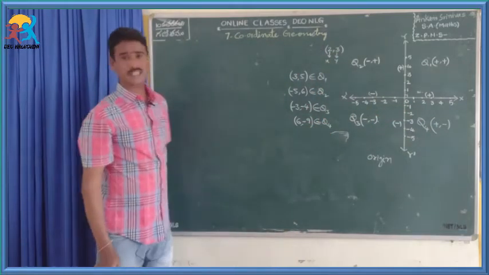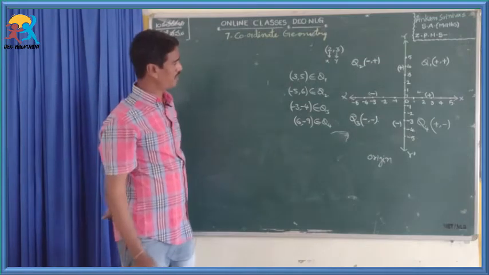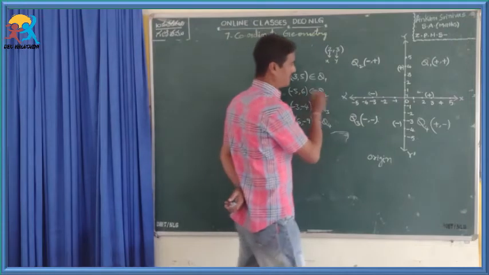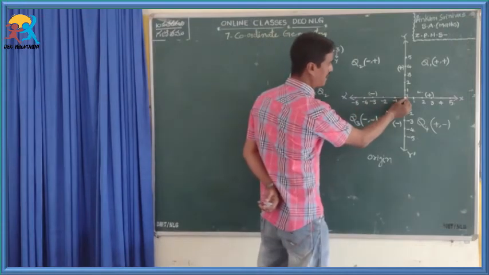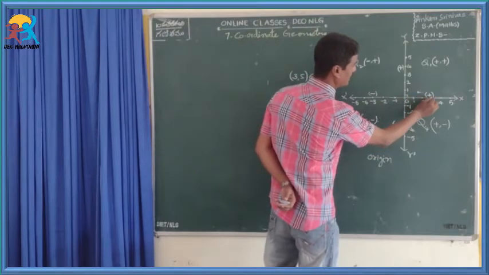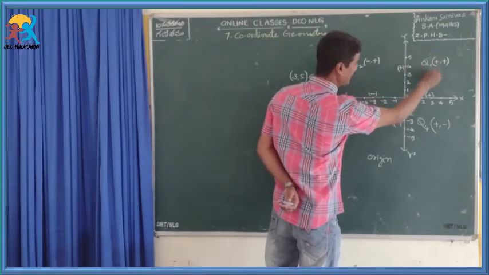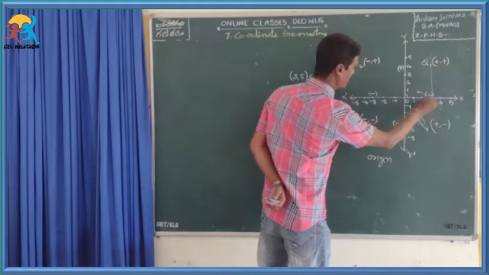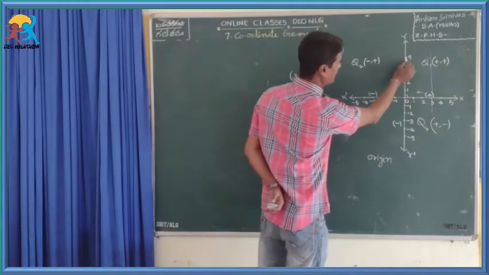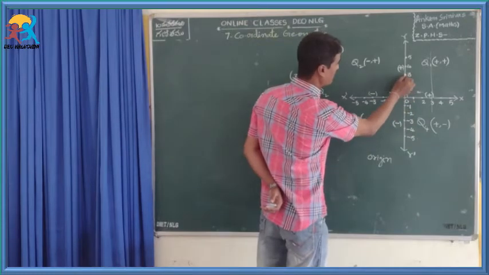Now, plotting the points. How to plot the points? 3 comma 5. From the origin on the x-axis, 3 units distance here. And on the y-axis, 5 units: 1, 2, 3, 4, 5.